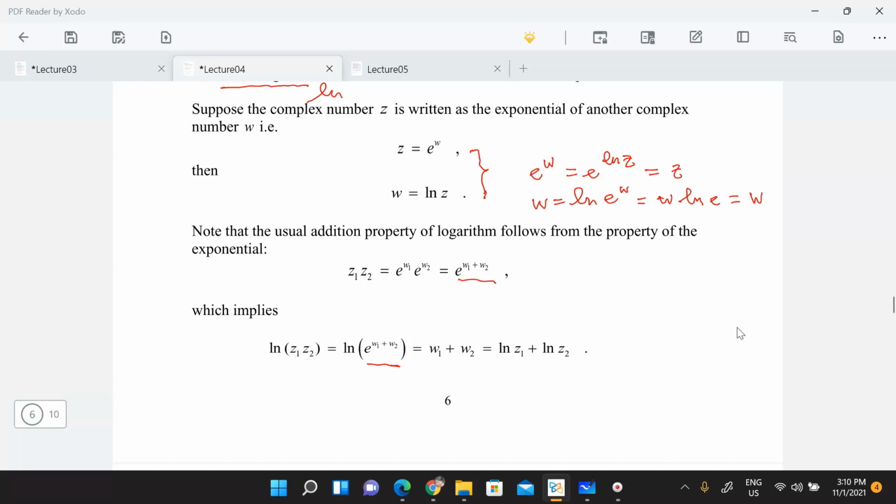So now you have two things. One is the inverse relationship, but the other is that we also verify that the log of a product gives you this additive property, which is great. All the things that you know for the log function also hold in the case of complex numbers.